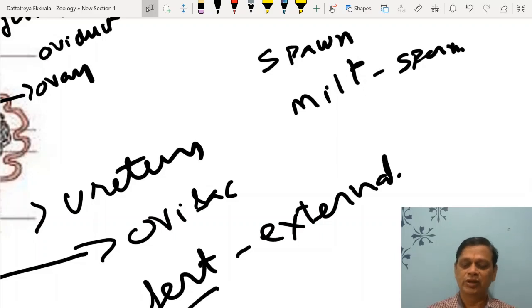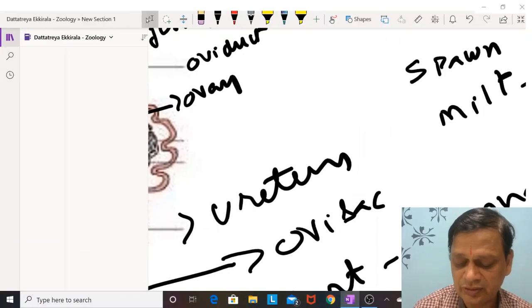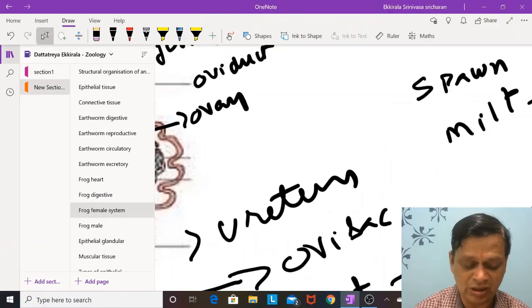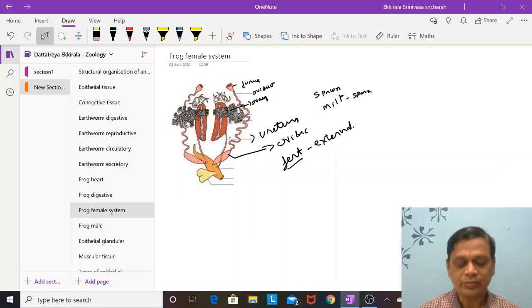So drastic changes will occur during development. Such changes are called metamorphic changes, and the frog has metamorphosis. Progressively, slowly, larval characters are lost, and advanced adult characters are acquired. So the tadpole develops in water, and the adult lives on land.